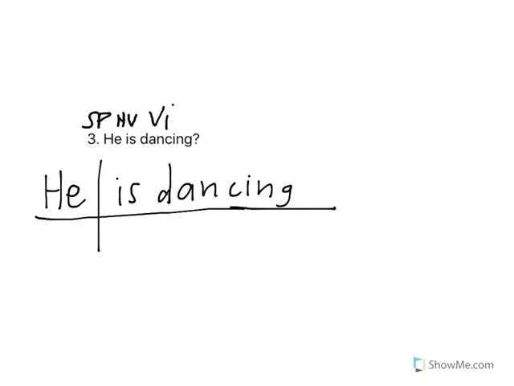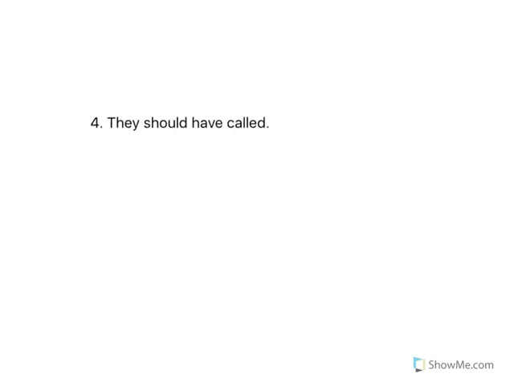And the sentence purpose. What is the purpose of the sentence? It's to ask a question, and we see that by the question mark at the end. So it's an interrogative sentence, and we know the structure is going to be simple. Okay, this sentence is, they should have called.